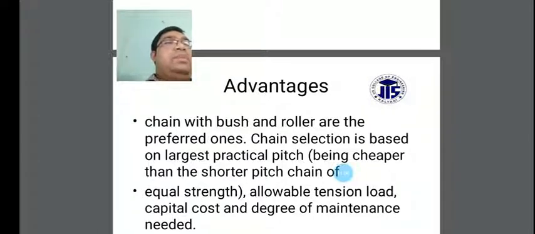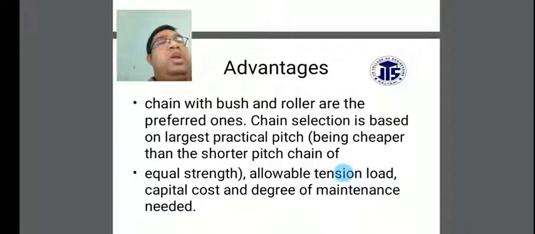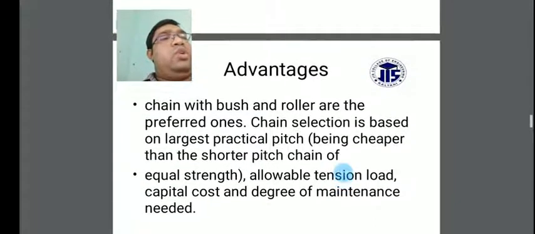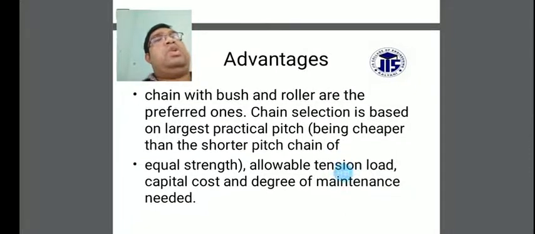The largest practical piece is found where the chain with bush and roller is prepared. Basically, the maximum chain benefits from the bush and roller because there is no loss or friction, no wear is found, and the materials move properly, and the bush and roller give support to the chain.